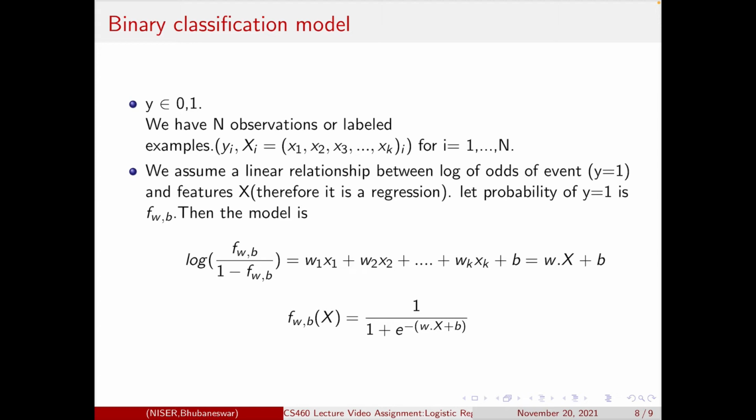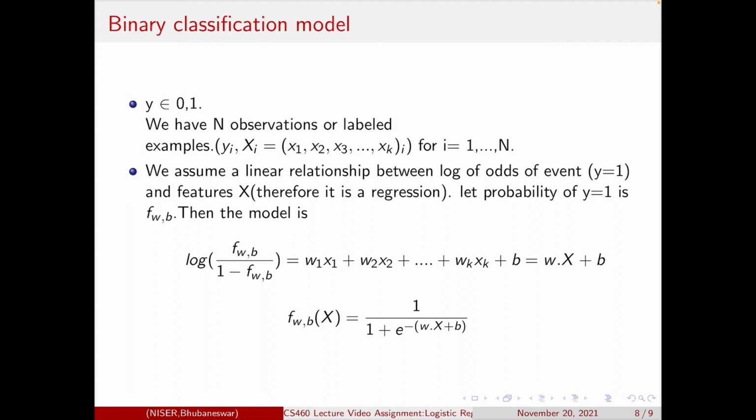Now let us take the probability of observing y equal to 1 as f subscript wb. Then the model is log of f of wb by 1 minus f of wb. We can see that this LHS is simply the log of odds that I described earlier.